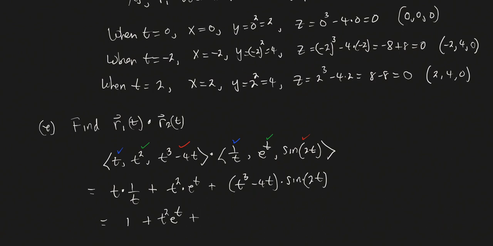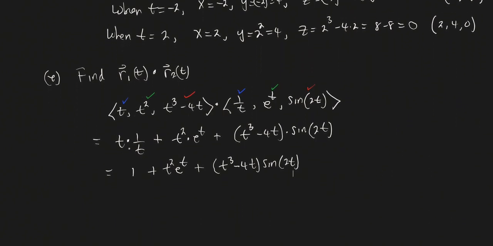And then I'm not even going to distribute the sine of 2t. I'm just going to keep the third term here factored. So our t cubed minus 4t times the sine of 2t, right? So our dot product can still be computed for these vector functions.